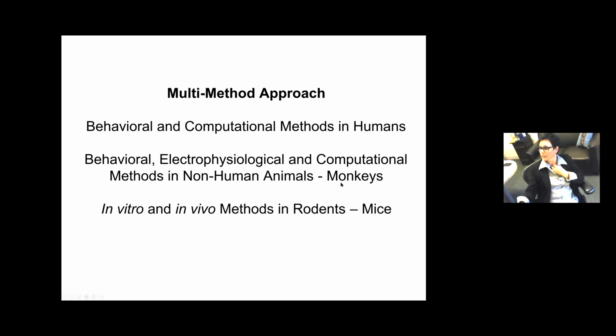Now, the beauty of studying monkeys is that they can engage in behaviors, cognitive behaviors, that in many cases are virtually identical to what we do in humans. So we can model the behavior in humans in monkeys very, very well.